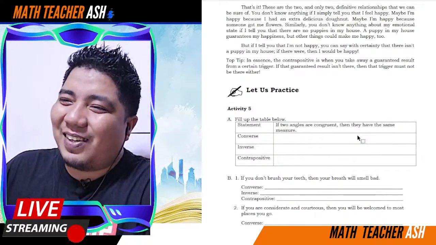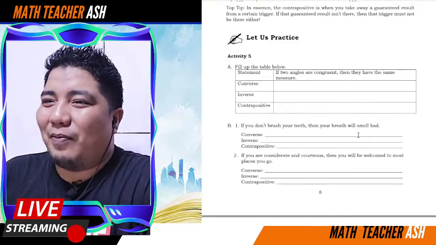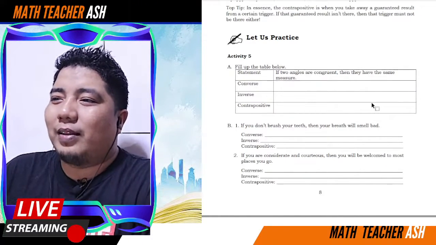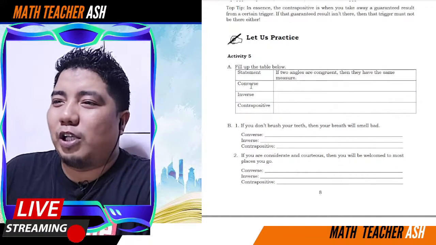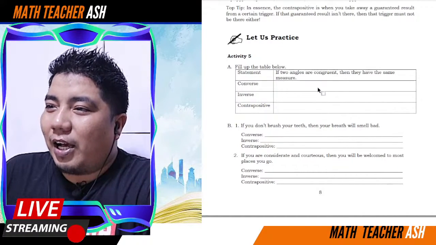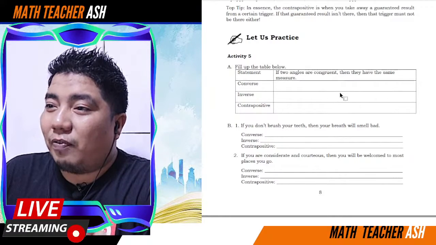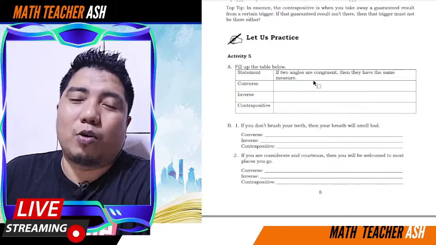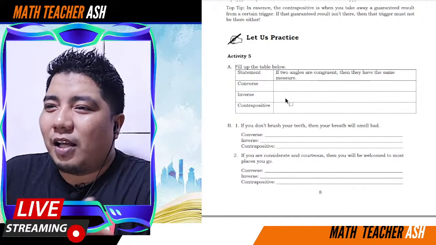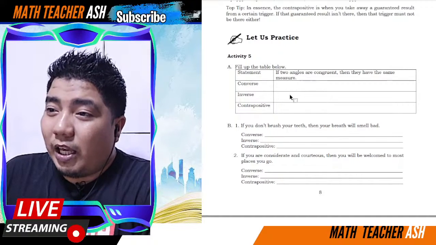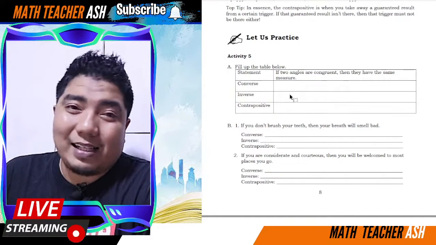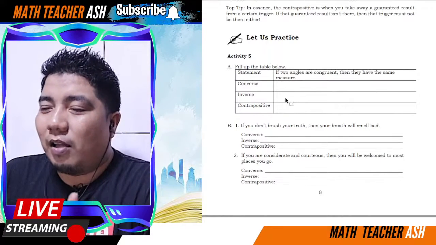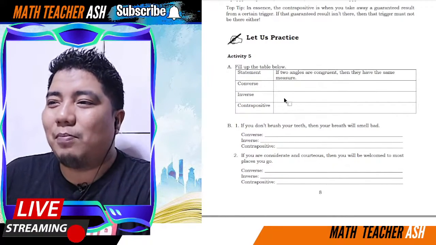Okay, let's continue and go to activity 5. So we have here, fill up the statement. If two angles are congruent, then they have the same measure. Okay, so converse niyan, if the two angles have the same measures, then they are congruent. Ayun, yun ang converse niya. Inverse naman is, if two angles are not congruent, then they have no same measure.